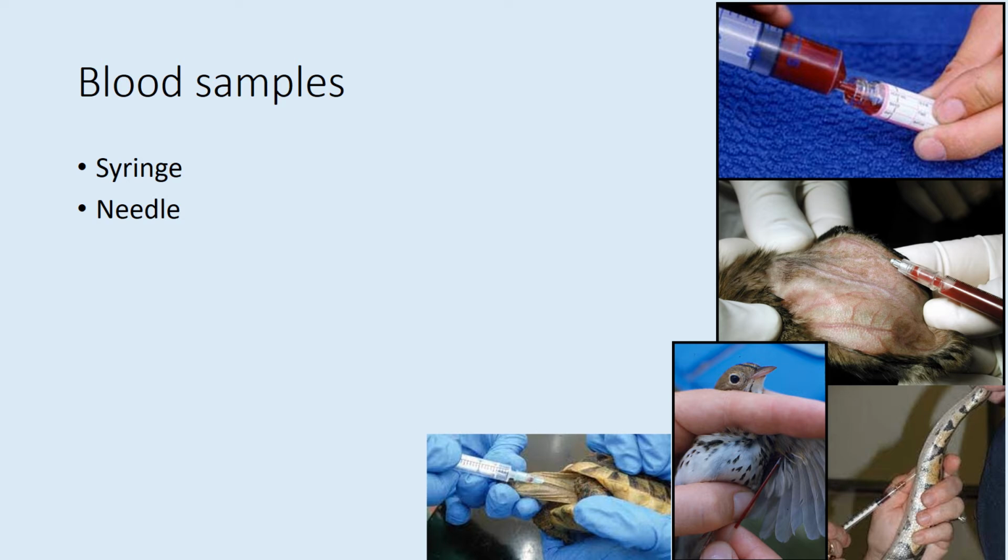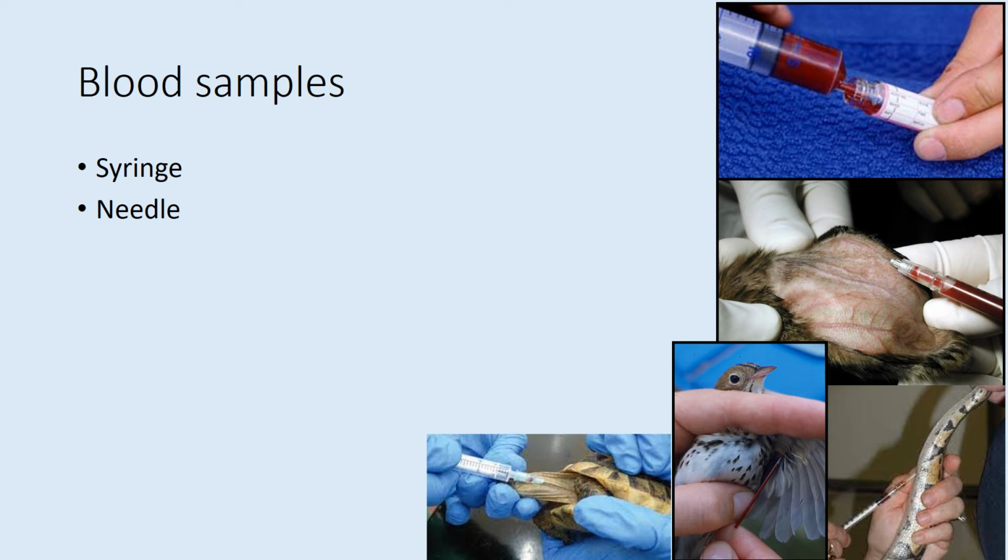The syringe should be the smallest possible size, generally a 2 to 3 ml syringe ideally, and the needle will be the largest needle size possible to avoid cell rupture. The risk of using a smaller needle is an increased risk of cell rupture, which can affect the results of a blood sample.